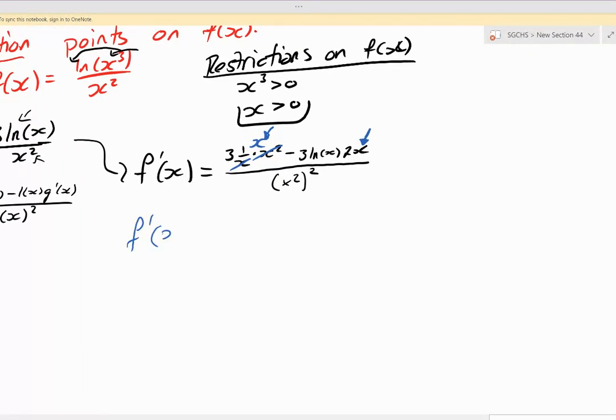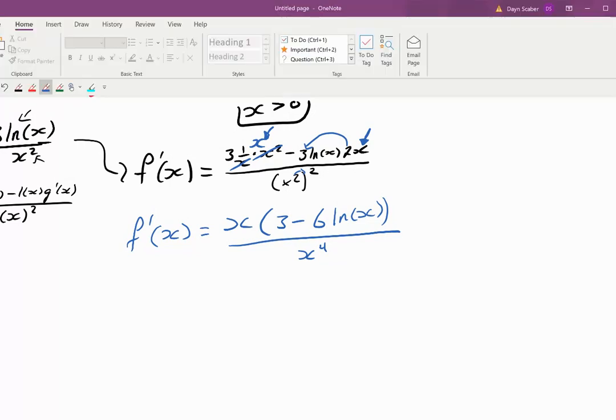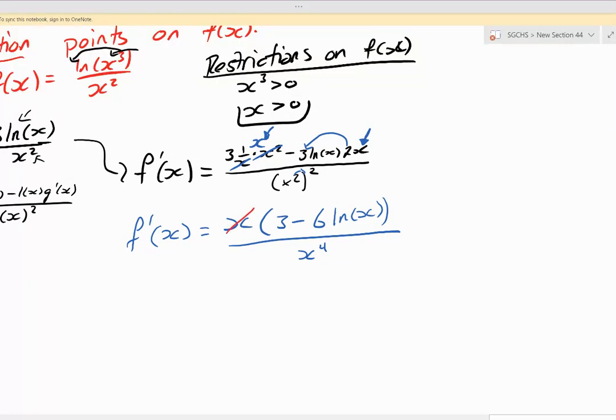So f prime of x, I'm going to take out my x immediately, and that will leave me with 3 minus 6 ln x, so that 6 comes from 2 times 3, over, and now x squared to the power of 2, I'm going to apply my exponent rules, a power to a power, you multiply them, so x to the power of 4. And then from here, you can cancel out an x on the top and the bottom, so I get x cubed.